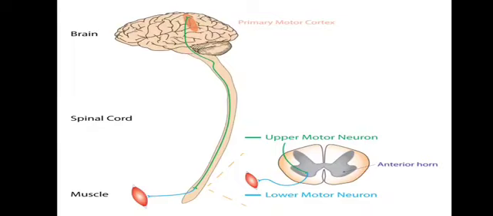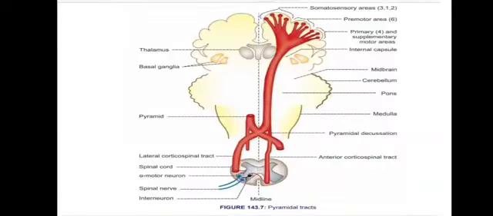That is the upper motor neuron. Next, it will synapse and go to the muscle, and it will terminate there, and the effect will happen. So these nerve fibers are known as the lower motor neuron. Two types of motor neuron: upper motor neuron and lower motor neuron. This is again a diagram.